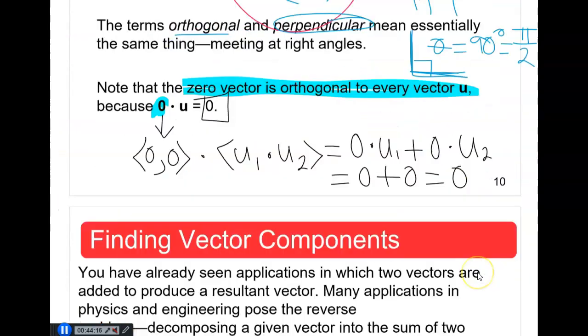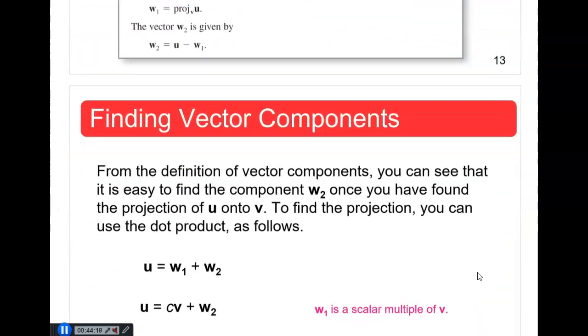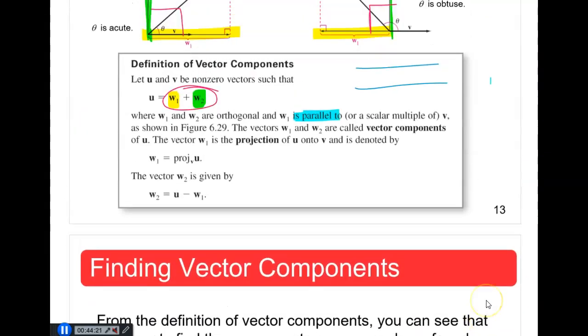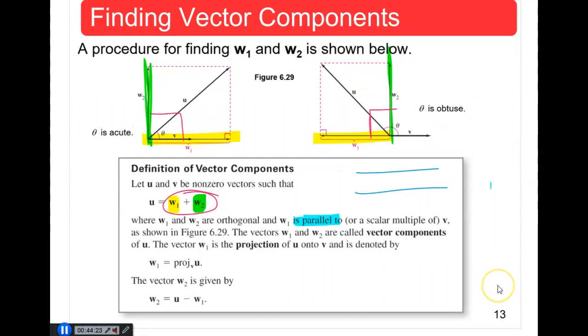So going back to our current slide, it's actually here, our definition. So again, we have w sub 1 and w sub 2 are orthogonal, and w sub 1 is parallel or a scalar multiple of vector v. What I want to do is change the colors of how I am highlighting here.